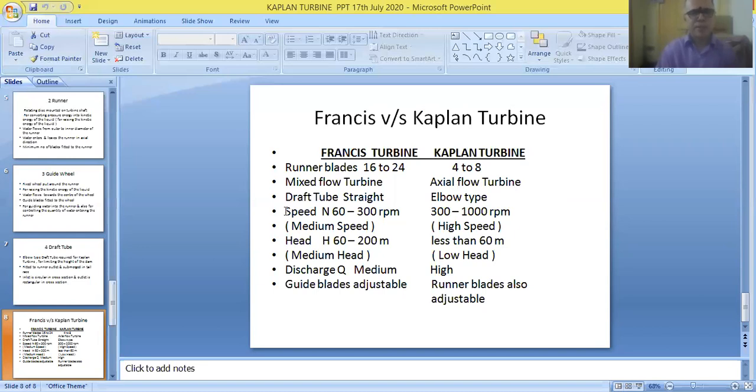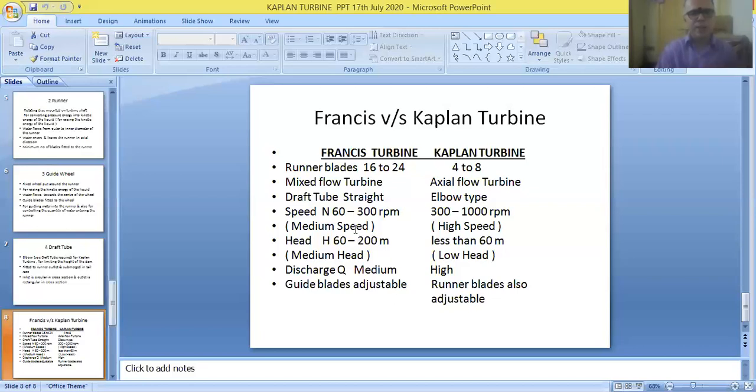And friends, just now we have talked about the arrangement of draft tubes. A straight tube is required for the Francis turbine, a bent elbow tube is required for the KAPLAN turbine. So this is one of the differences between the two machines.